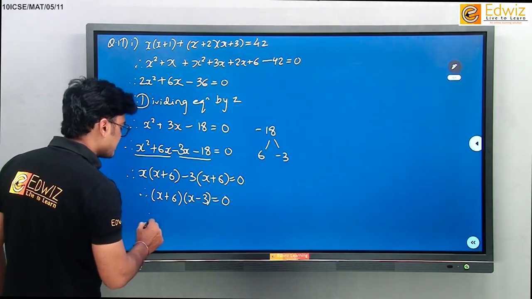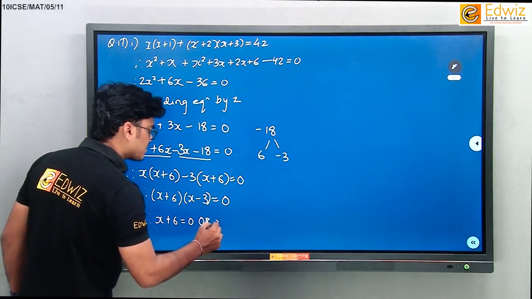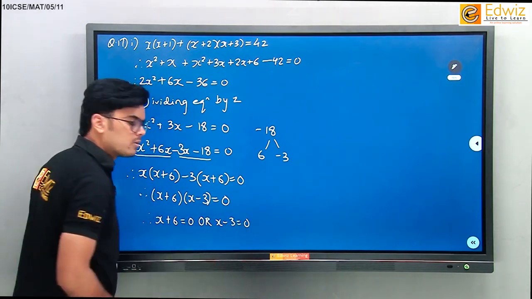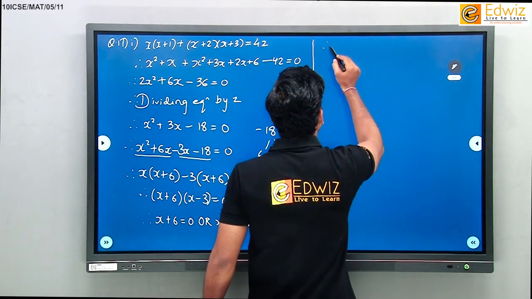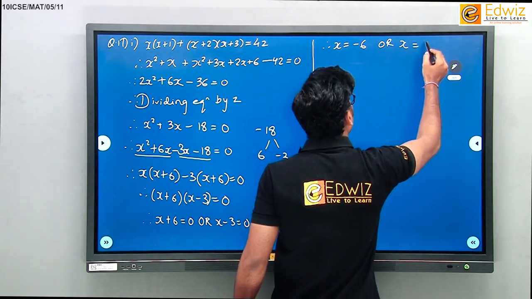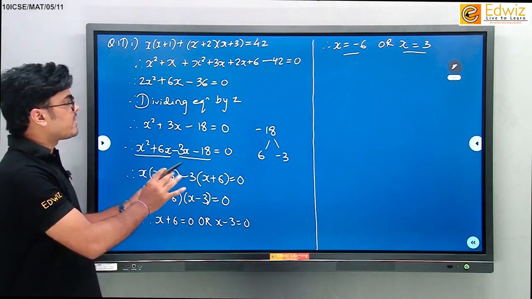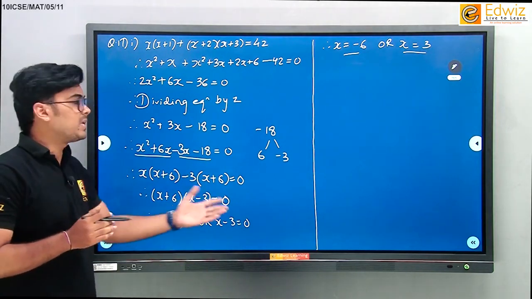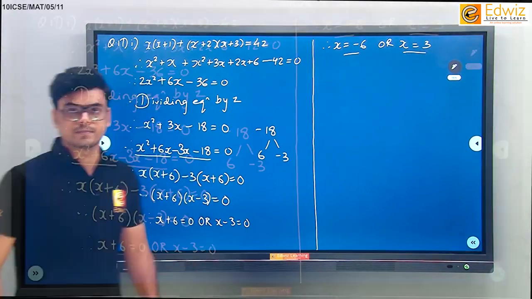Okay, so here you can say that x plus 6 is 0 or x minus 3 is 0. Okay, if we consider this, what will be the value of x? It will be either minus 6 or x is equal to positive 3. These two are the possible values of x. Hence the equation is solved. A very simple equation. Please note down, I'll give you 30 seconds. Then let's solve the second equation.